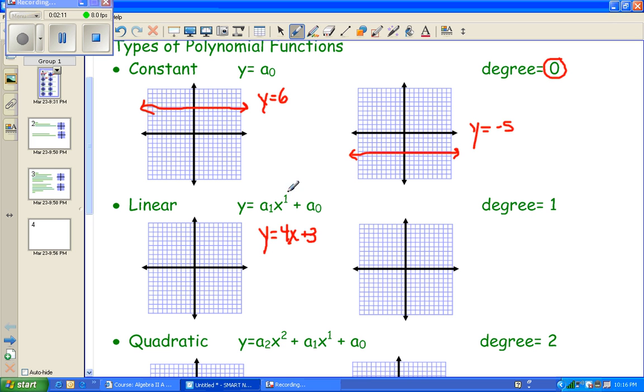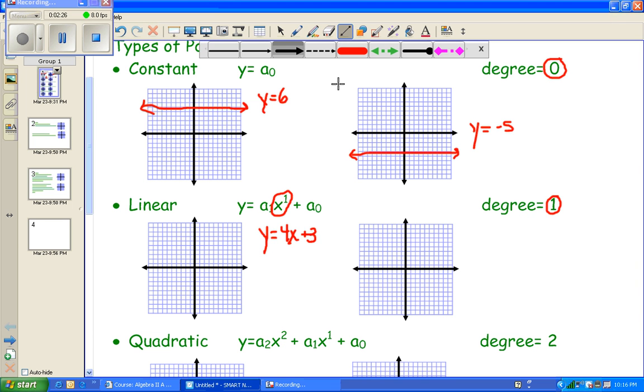What's making it linear is that your x value is being raised to just the first power, which is going to make your degree 1. Again, we're talking about that relationship between the degree and how many times you could touch the x-axis. So a function like this, 4x plus 3, is going to have a slope of 4, and it's going to have a y-intercept of 3. So you'd be looking at something like that.